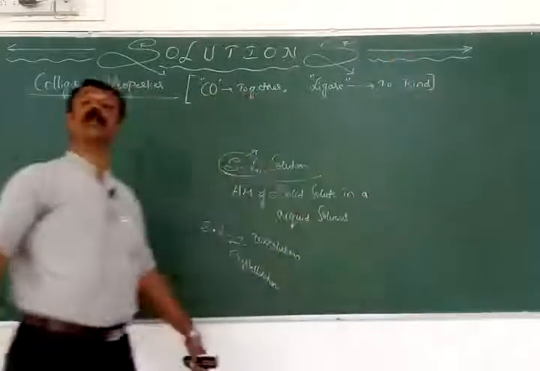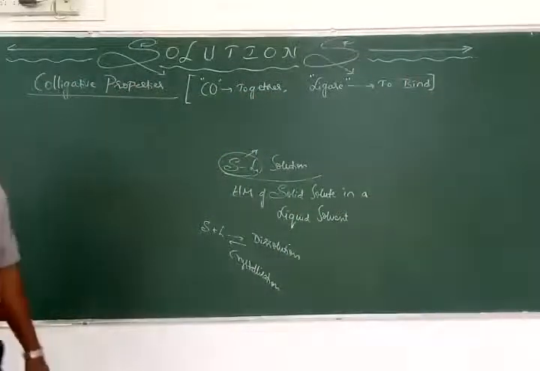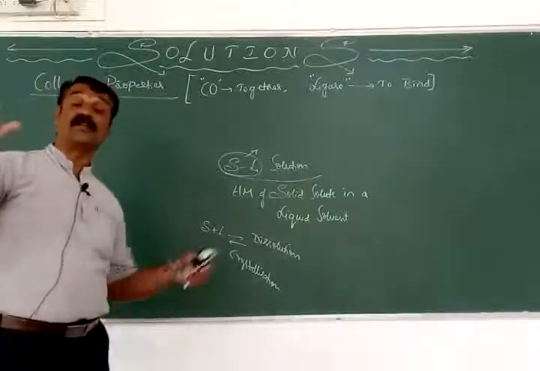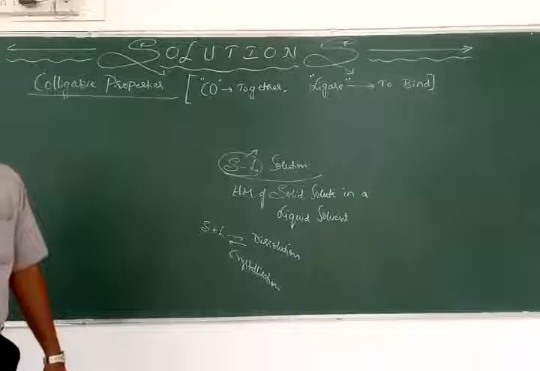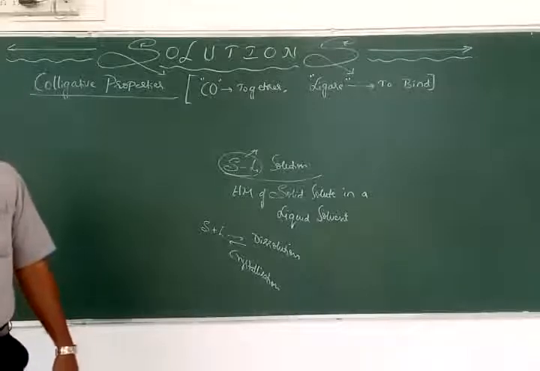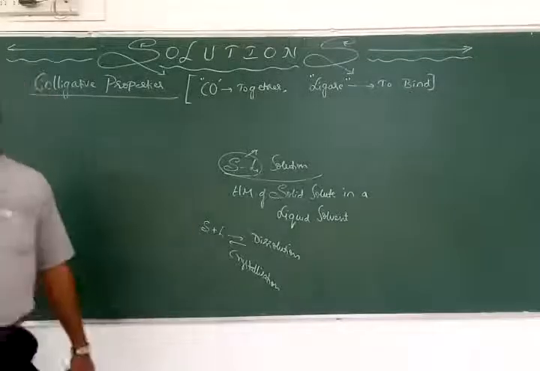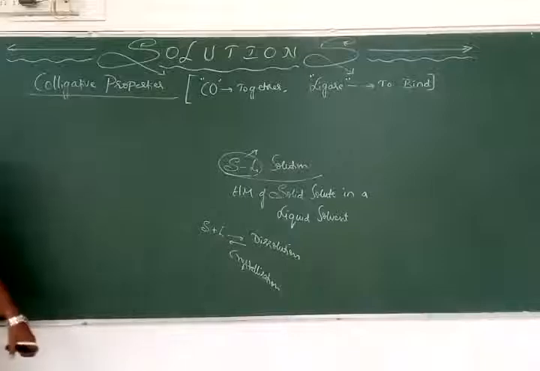Means they will start to bind out here. Which will start to bind? The solid solute particles will bind together with the liquid solvent molecules. So the property related to that is considered to be in the form of which one? The colligative properties.